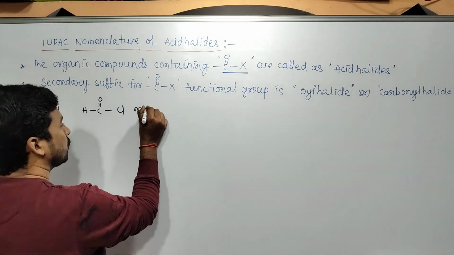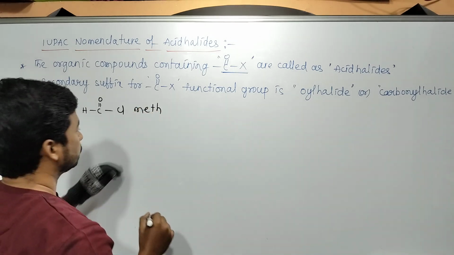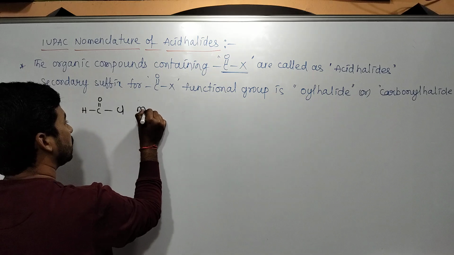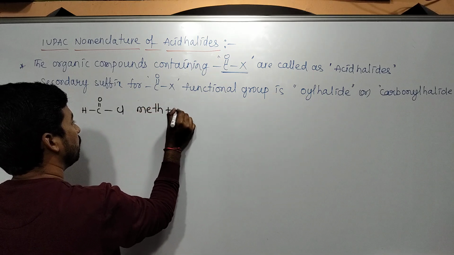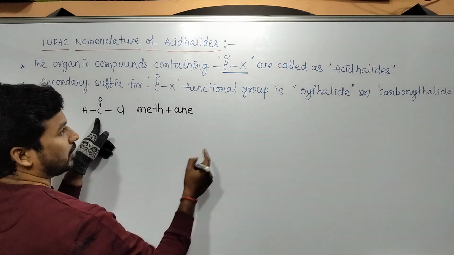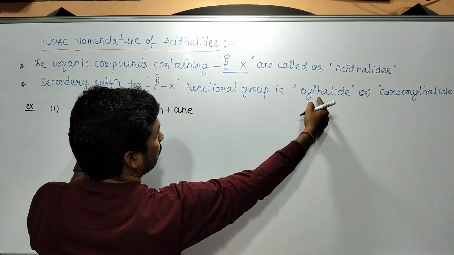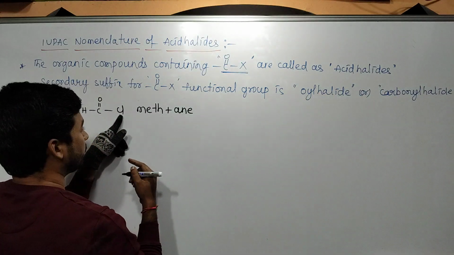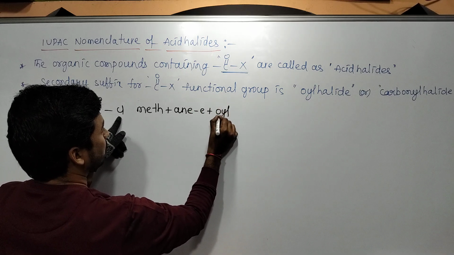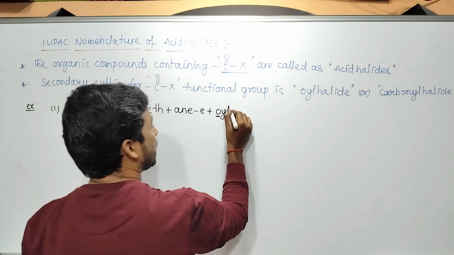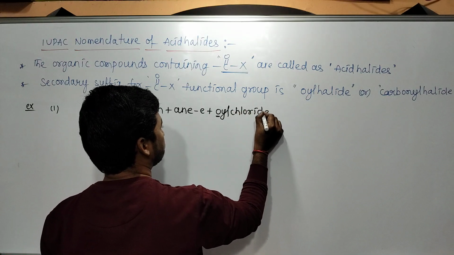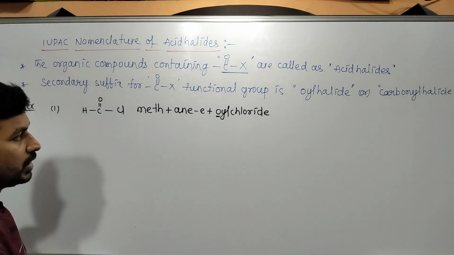So methane, in the COCl group, oyl chloride. Oyl halide means here chlorine is present, oyl chloride. Remove E because the secondary suffix begins with O. Methanoyl chloride.